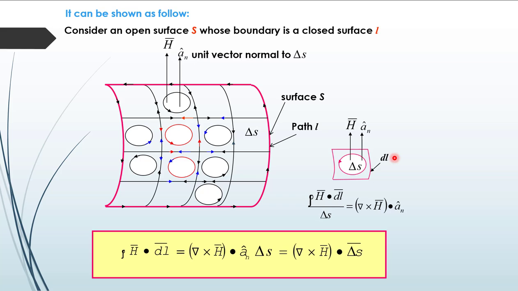From the previous law, Ampere's law, we can write the closed integration of H dot dl divided by delta S is equal to del cross H, this is the curl of H, equal to curl of H dot a_n cap.